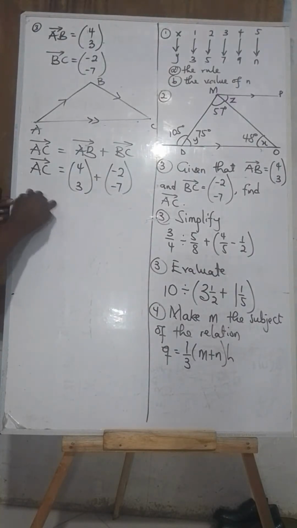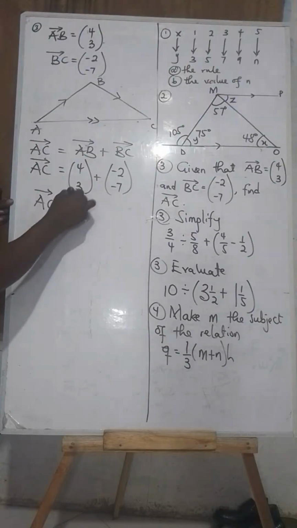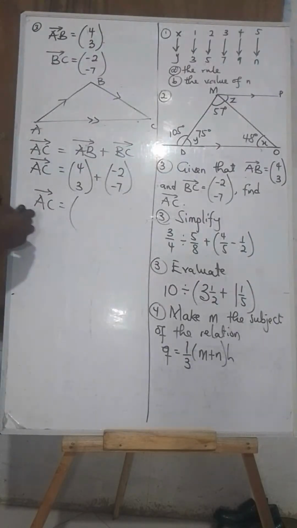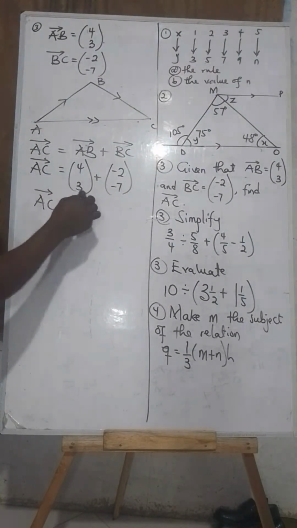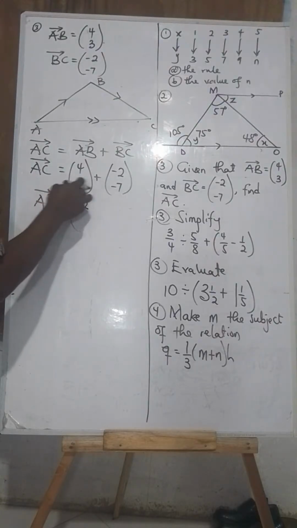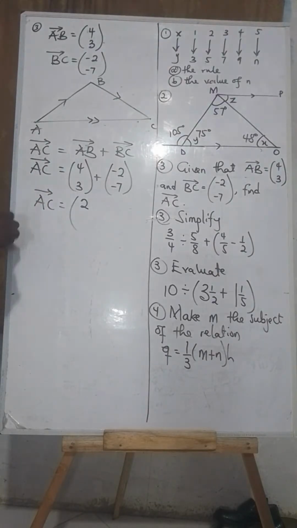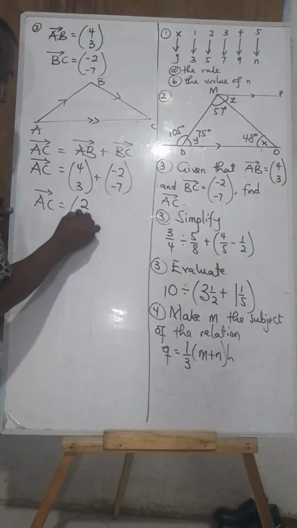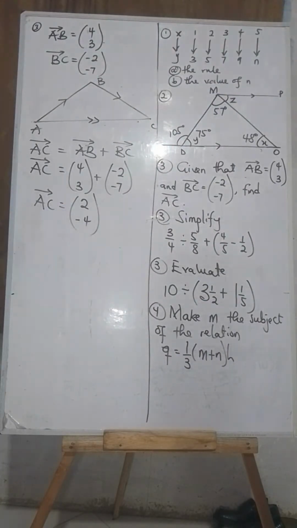So your AC will be 4 plus -2, that is 2. Then 3 plus -7 will give us -4. Right, so that is our answer for the vectors. I hope you get it.